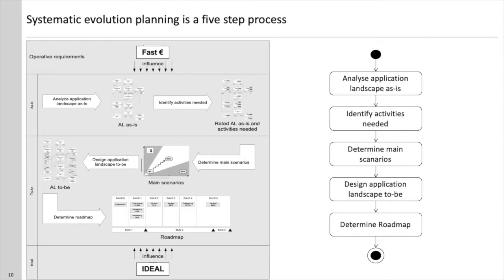we now have to choose, and we do this systematically by first determining some main scenarios in step 3. That means a scenario covers some of these activities needed, and we may have many reasonable scenarios, which we then systematically score against each other to end up in step 4 with the actual design of the application landscape to be, which results as the selected set of activities needed.